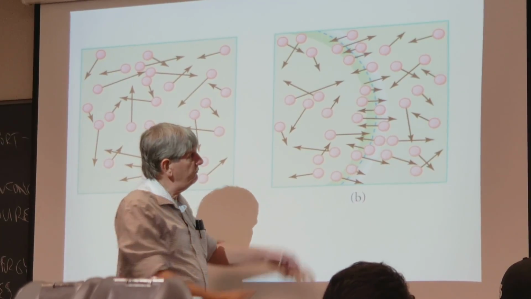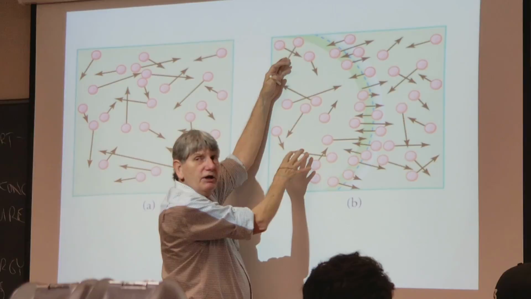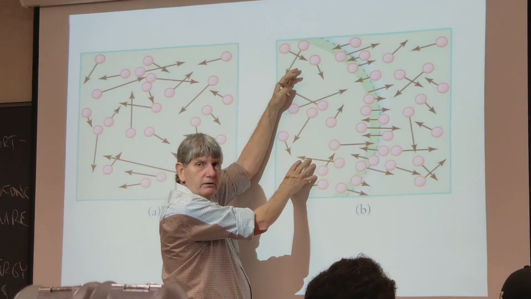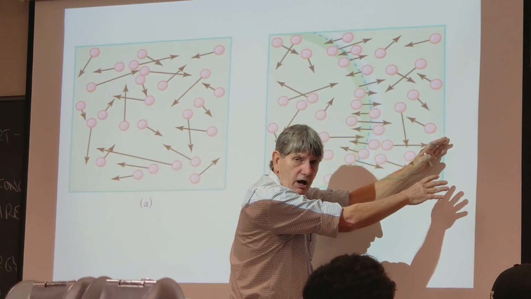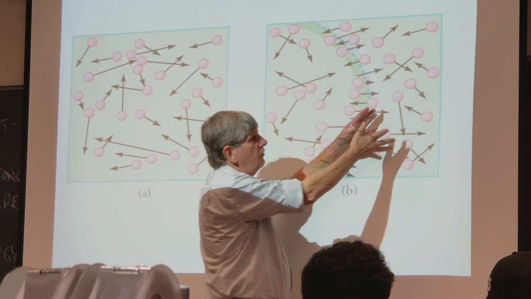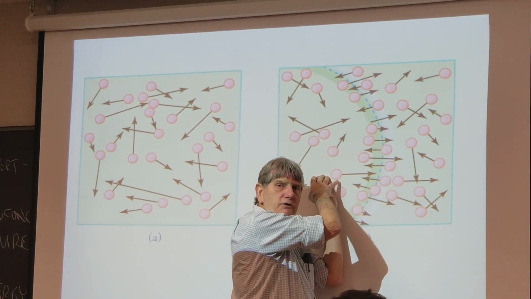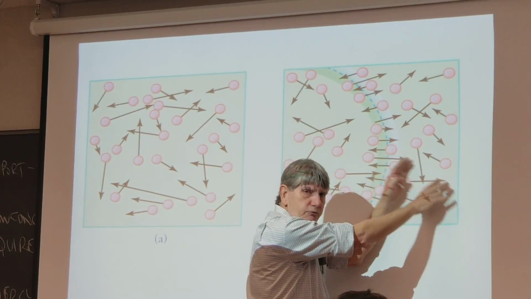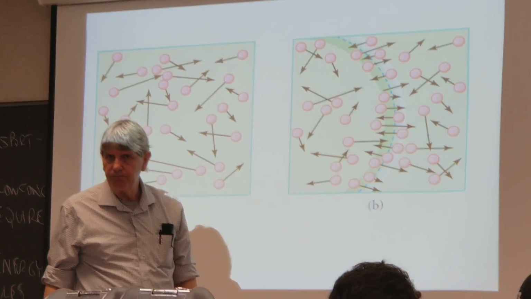But if you have a whole bunch of them right here, and fewer right here, you're going to have more collisions on this side. And as they collide, they're going to start to drift over here to the other side, along the concentration gradient. You still have collisions over here, but if there are fewer over here, even though some get directed this way, most of the movement is going to be that direction. And it will achieve an equilibrium.